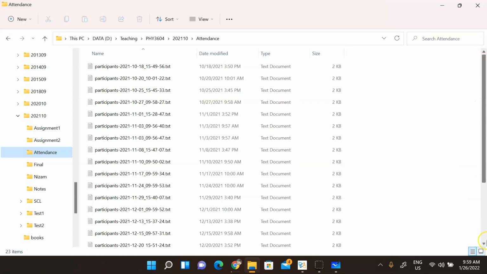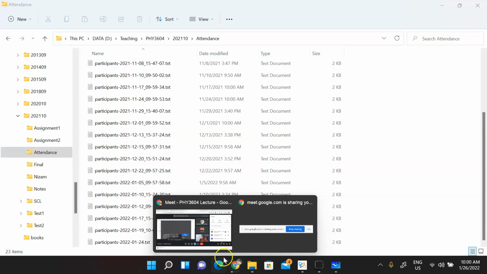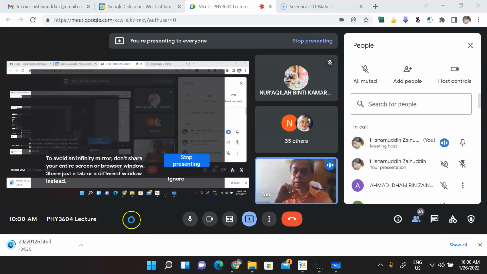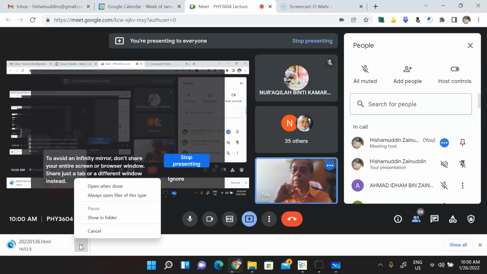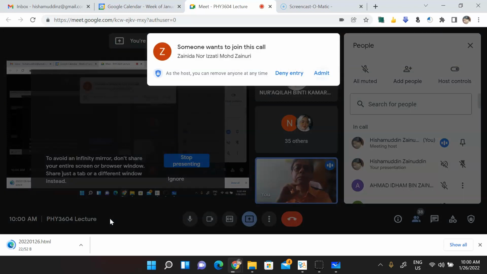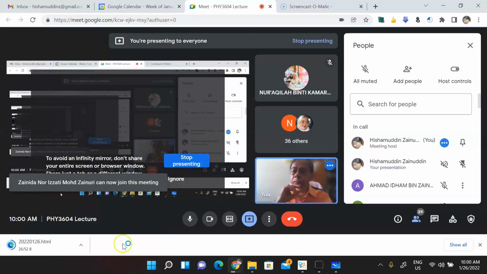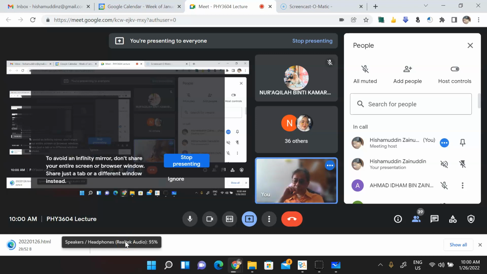So where does it save? Show in folder. Oh, it's still downloading. Sorry.